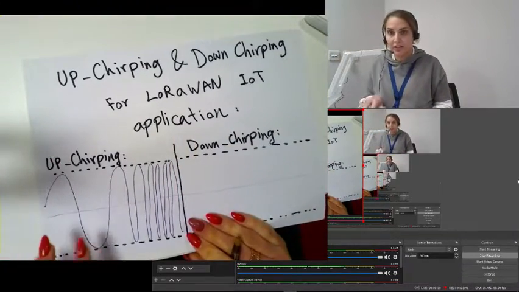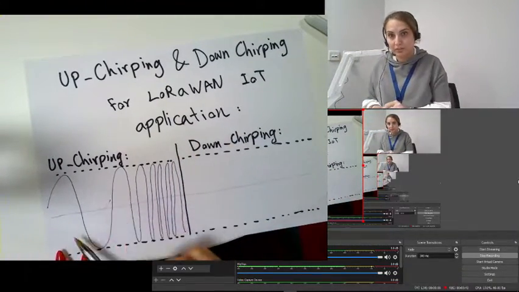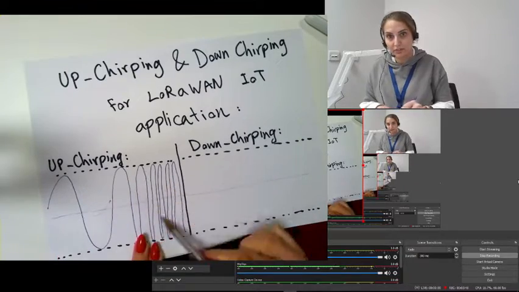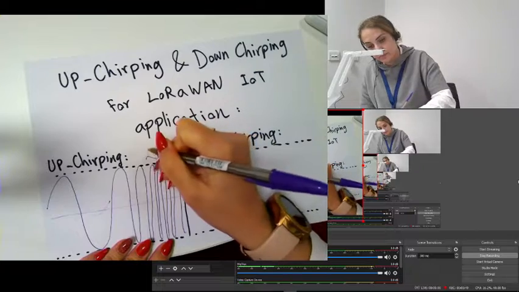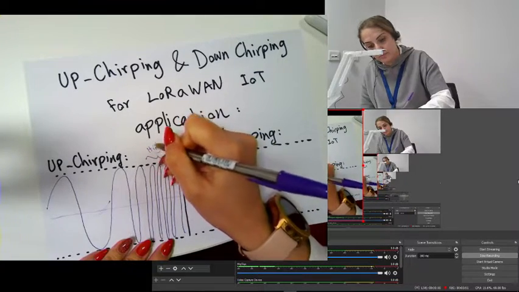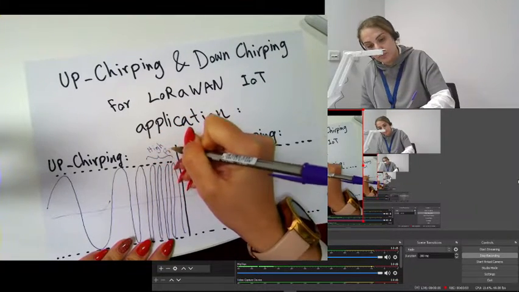So as you can see, at this stage here, I have very low frequency, and here I have very high frequency.